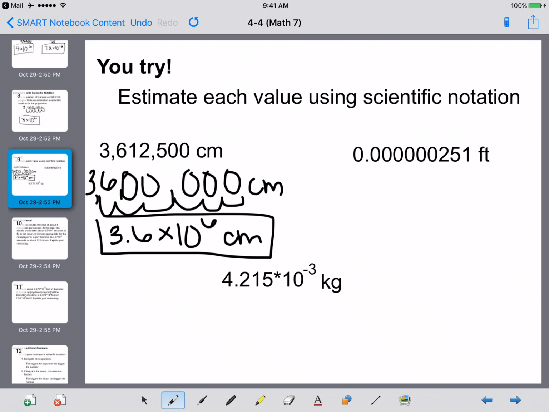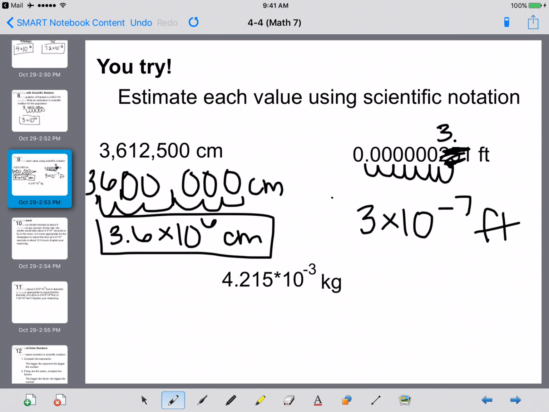Here, we are going to have to get our decimal right here. So let's round this to be 3. We're still going to have to move our decimal all the way there. So we're going to have 3 times 10. Since it's a really teeny number, it's going to be negative, and it's going to move over 1, 2, 3, 4, 5, 6, 7 spaces, and add our label, feet.